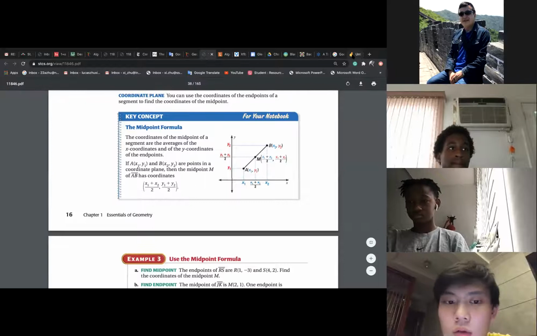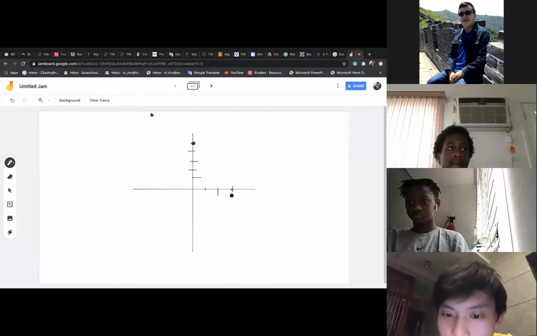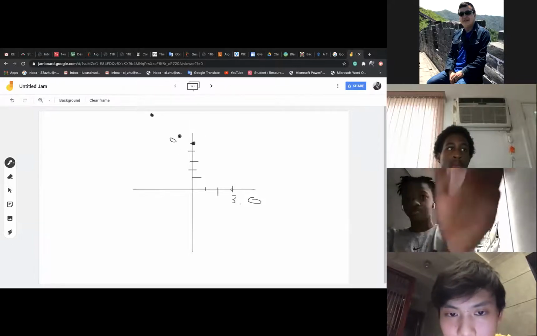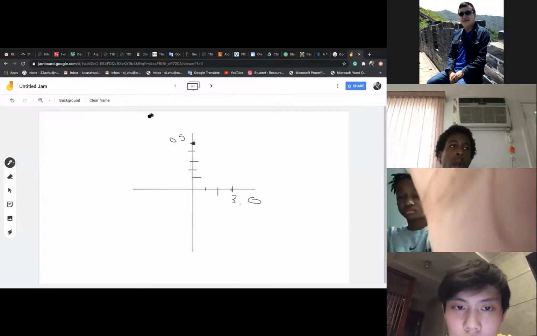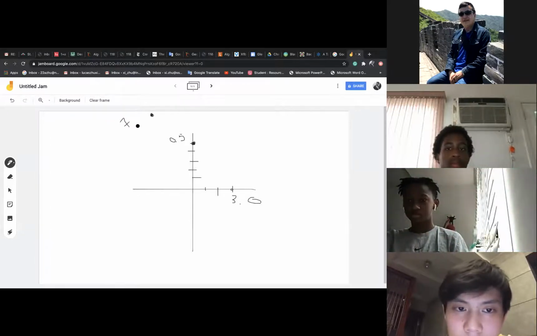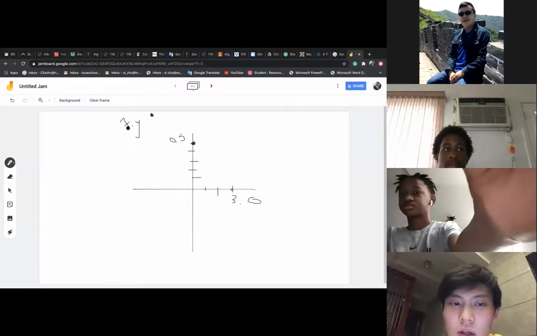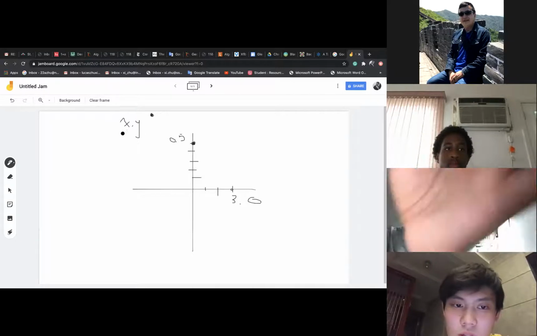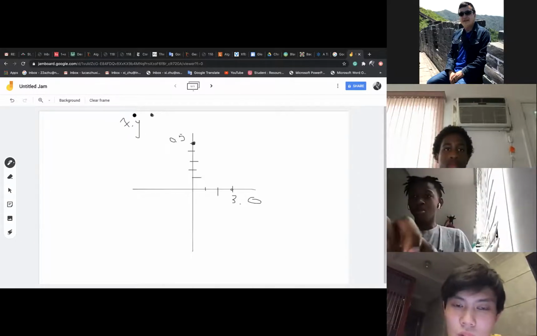Okay, here we go. I got it. We know this is (3, 0). This is (0, 5), right? But this one we don't know yet, so we're just gonna set it up as x and y. The x coordinate is x and the y coordinate is y. We just don't know which number it is yet.